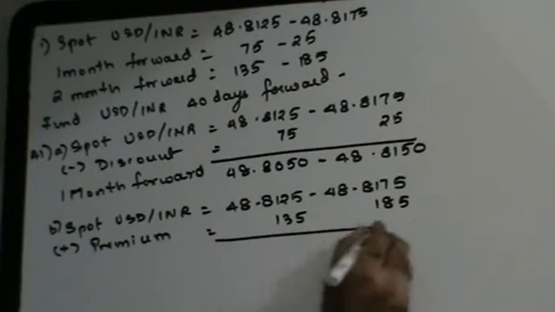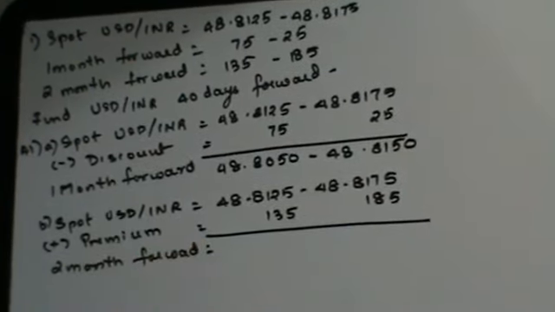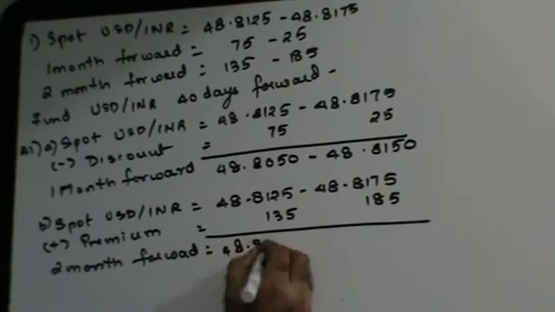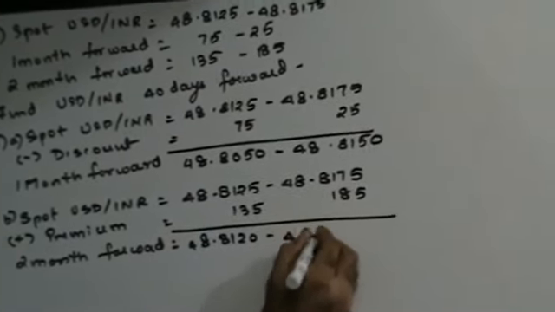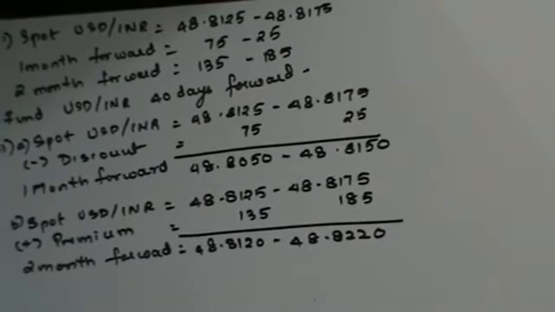So in that case, you will get your 2 months forward. Right? Now 2 months forward will therefore be 48.8120, 48.8220.